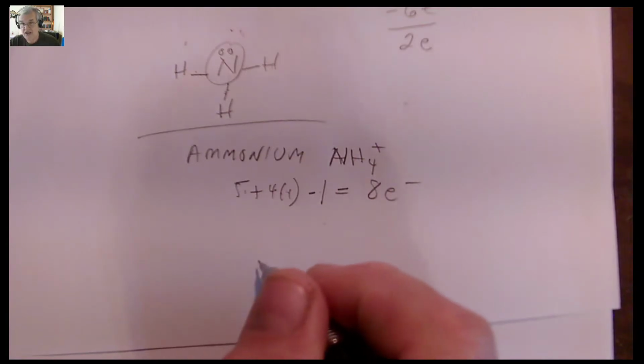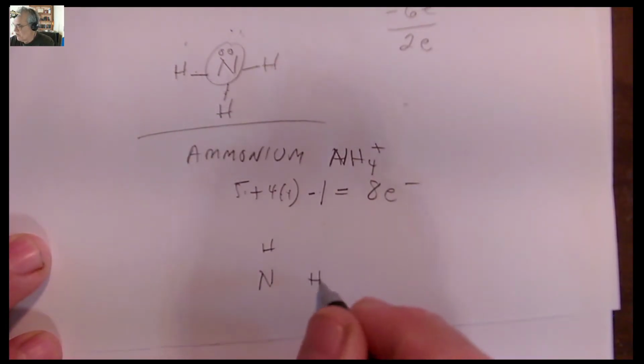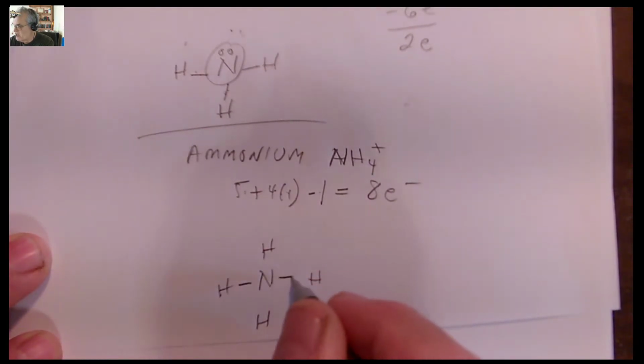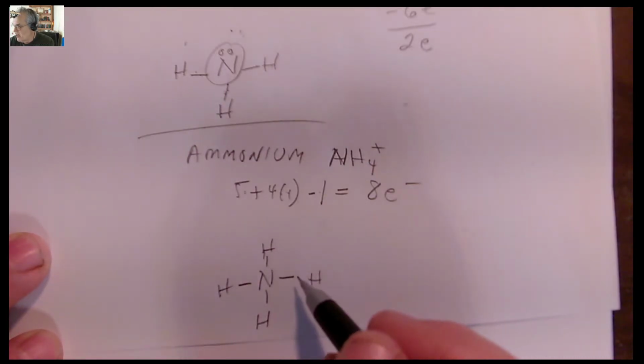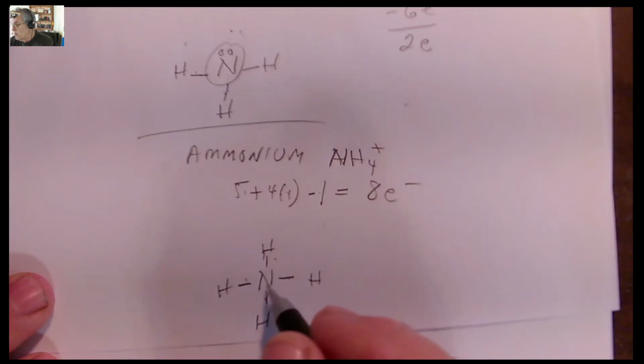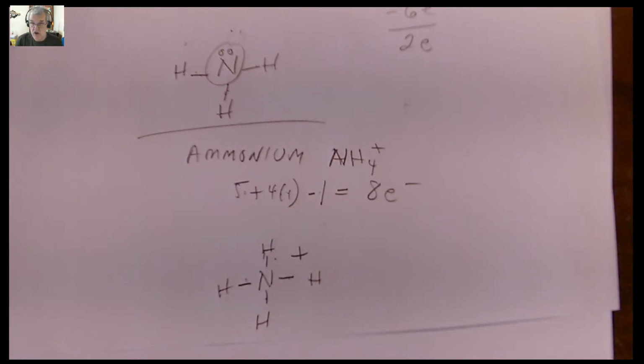We're going to draw it the same way. We're going to write the nitrogen in the center. We're going to put the hydrogens at the 4 corners, the 4 compass points, sort of. We're going to connect each one with a single bond. That's going to use up 2, 4, 6, 8 electrons. And we say, oh, okay, well, there's none to put on the central atom, but we know that this has a positive charge overall. That's why we took off the 1 electron.